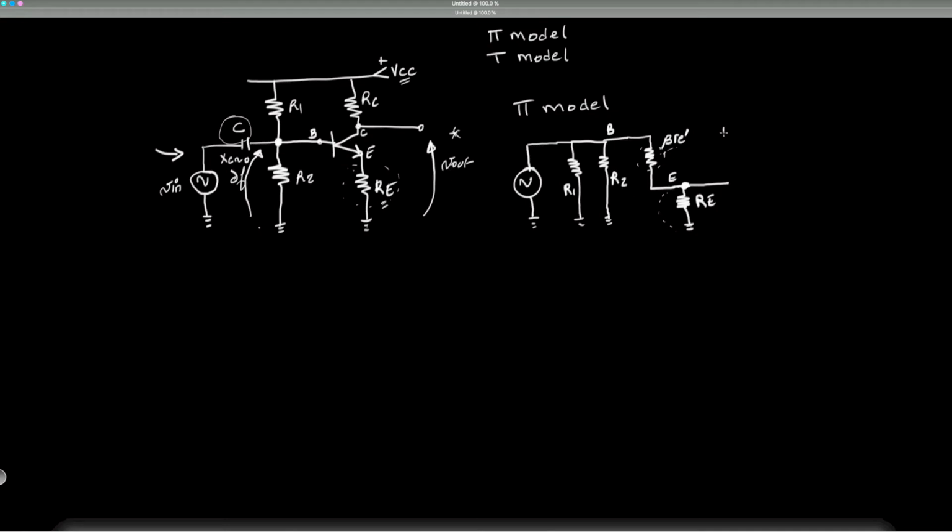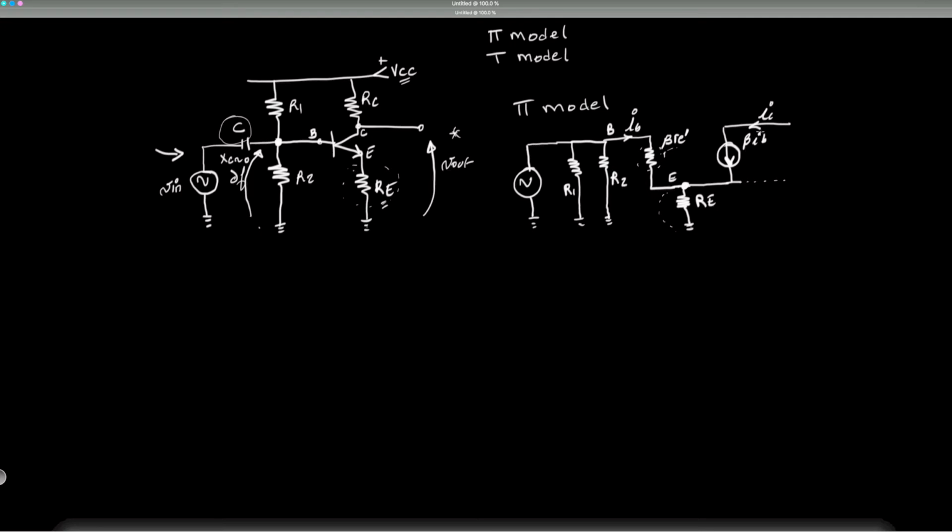Well, we still have our current generator, and this current generator here will be beta little IB, assuming we have little IB going through the base. Which is exactly the same current, so let me just draw it here as IC, since IC is equal to beta IB.